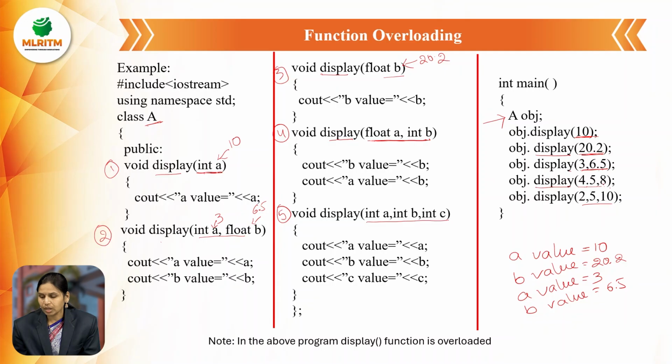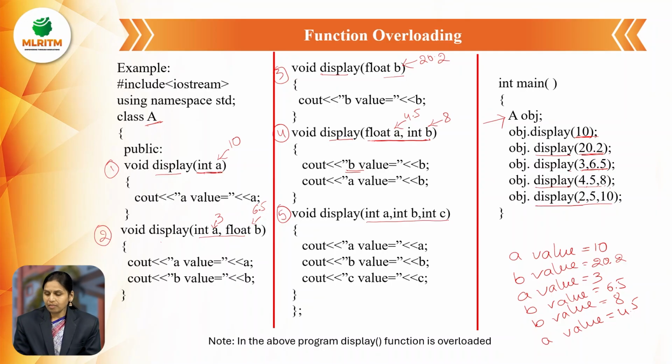So the order is float, comma, integer. Everything is matched. Then the first value 4.5 is copied to variable a and the second value 8 is copied to variable b. Now here we will get, cout first b value, it is equal to 8, and the next a value, it is equal to 4.5.